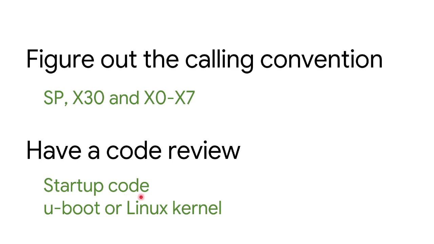Those system registers should be configured in the starter code. As you know, the U-Boot bootloader is popular in practice, and the Linux kernel is another widely used, popular software stack. So it is recommended to have a code review of the starter code in U-Boot or the Linux kernel.